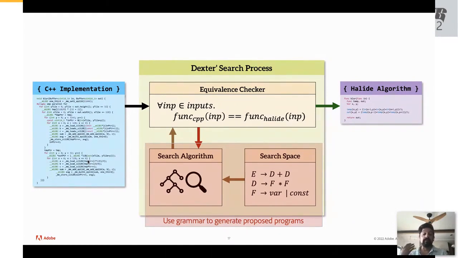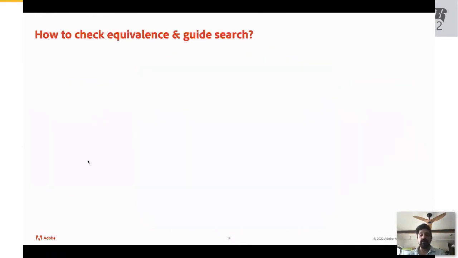That is, for all possible inputs, are the outputs the same? So conceptually, this is quite a simple thing, but how do we actually check equivalence and how do we guide the search? If you think about image processing, the search space really consists of any possible image processing program one could write. So that is far too large.